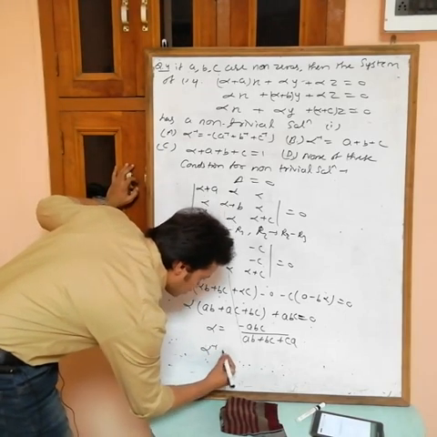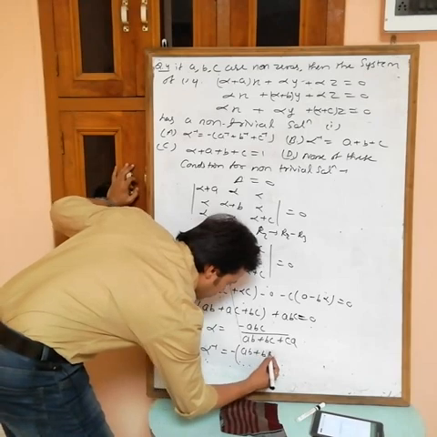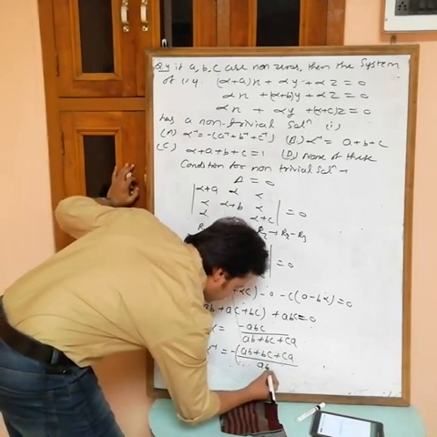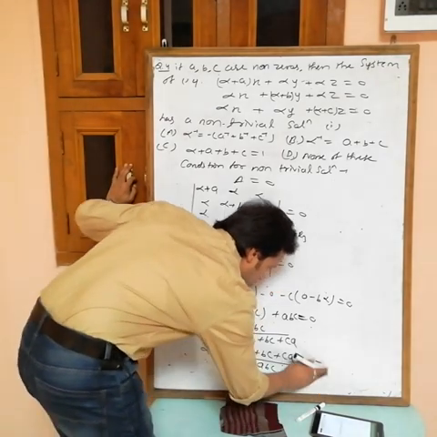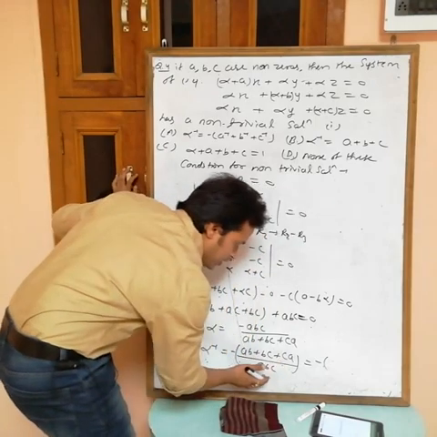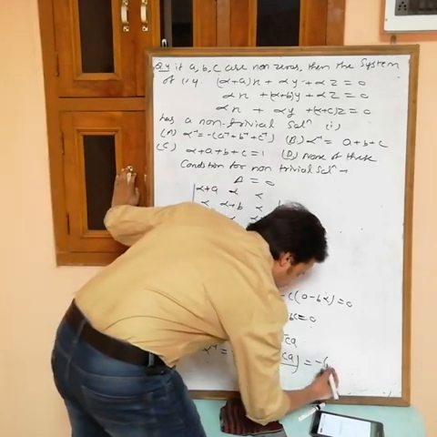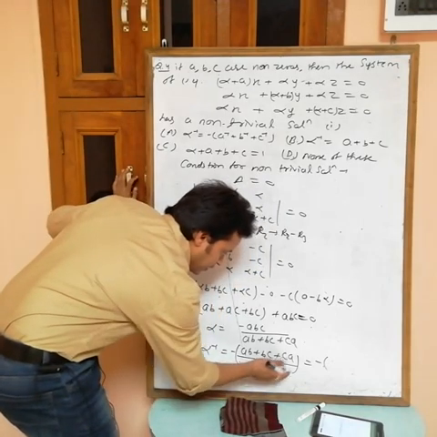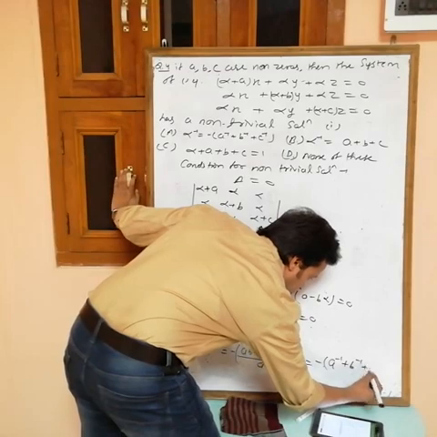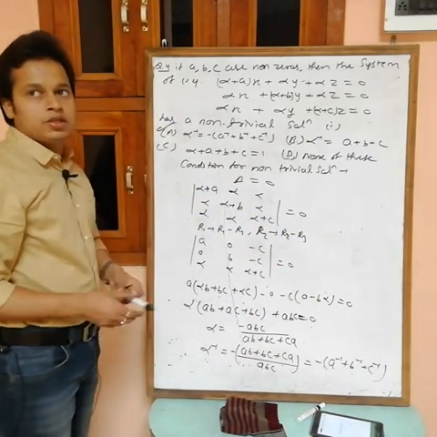Then alpha inverse equals minus of AB plus BC plus CA by ABC. That equals minus of AB by ABC is C inverse, BC by ABC is A inverse, and CA by ABC is B inverse. So we are getting A inverse plus B inverse plus C inverse. So the first one is the correct answer.